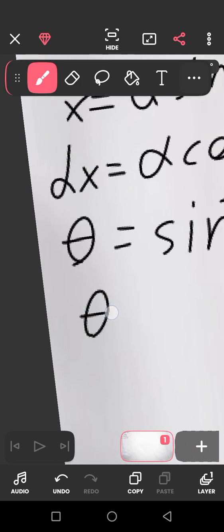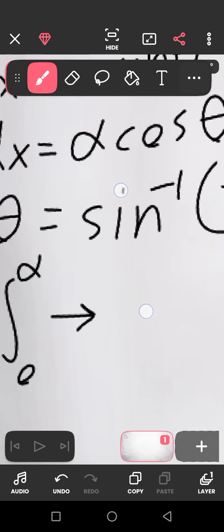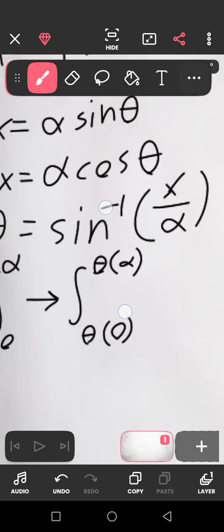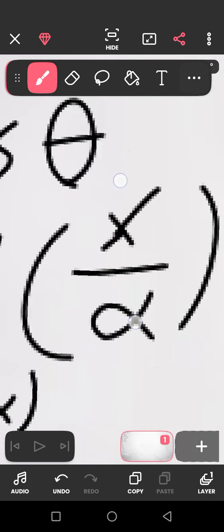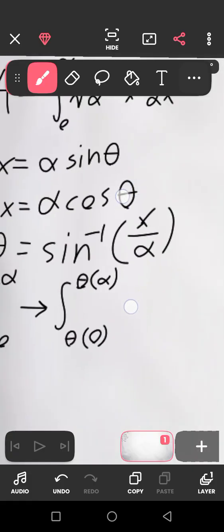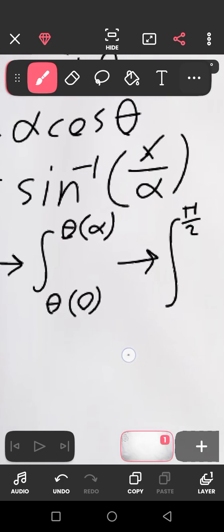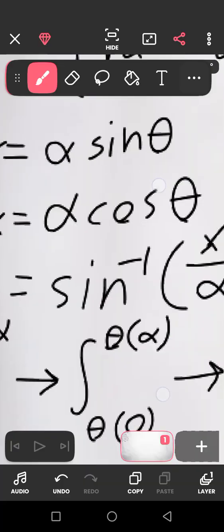So the integral from x of 0 to a converts to the integral from theta of 0 to theta of a. Apply it to a first: a over a is 1, so inverse sine of 1 is pi by 2. And for 0, 0 over a is 0, hence inverse sine of 0 is 0.